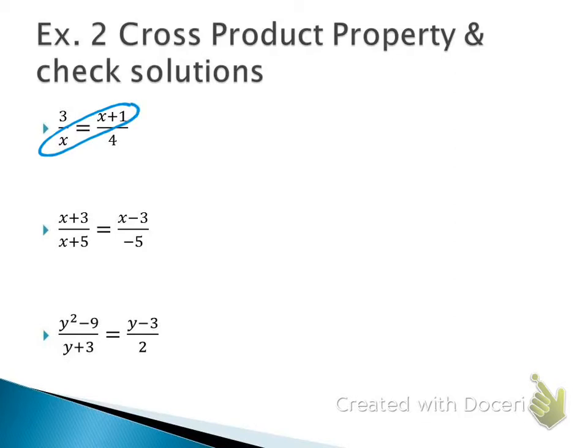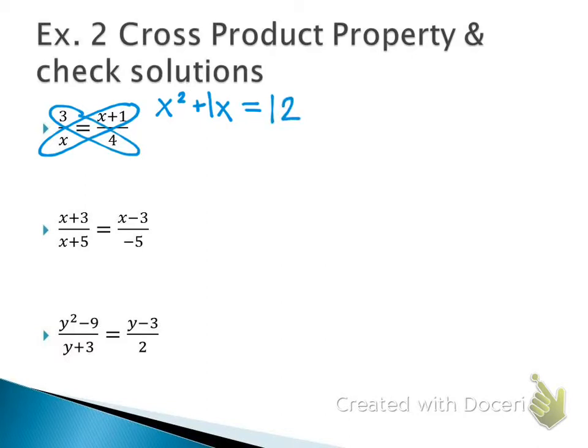What you've got to do is you've got to multiply this x by everything over here. So it's going to be x times x, which is x squared, and then 1 times x, which is 1x. Don't forget to multiply that x by everything. It's just like distributive property. Then I put my equal sign, and I do 3 times 4, which is 12.